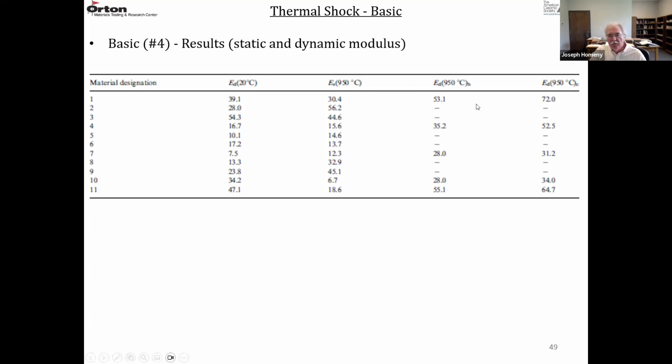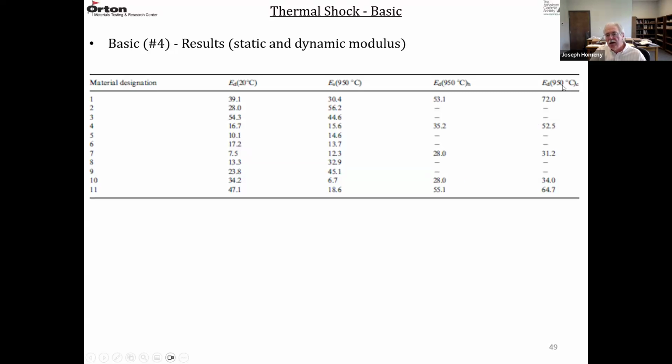So I sent you the papers. For some reason, the subscripts didn't come out too good here. This is E sub D. So this is the dynamic modulus measurement at room temperature at 20 degrees C. This is the static E sub S at 950 degrees C. And then this is the dynamic at 950 degrees C. H is for heating. These are the ones, the 5 graphs I just showed you. They only measured 5 materials.